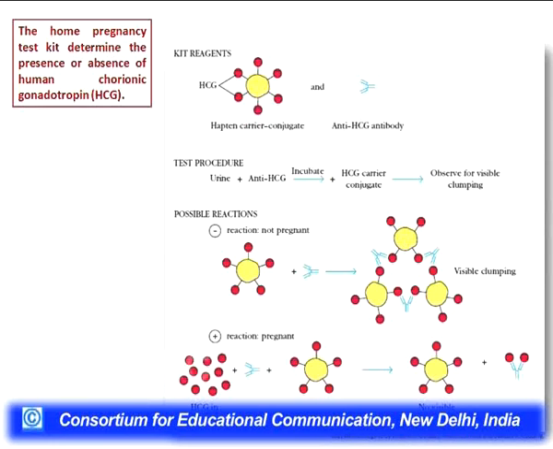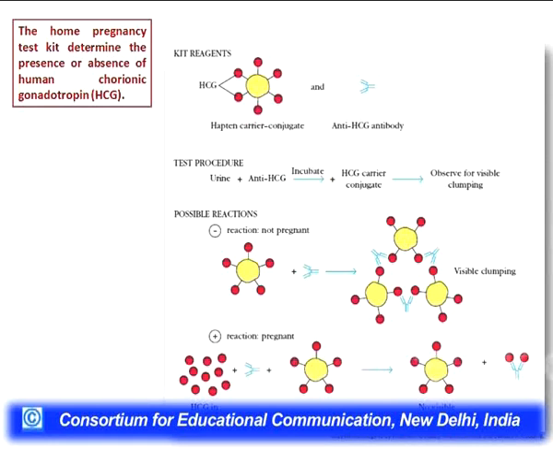We incubate it for some time, then when we add the HCG carrier conjugate, as most of the antibodies have been bound to the HCG present in the urine, there won't be any visible clumping. As the agglutination is inhibited, we can say that the woman is pregnant.